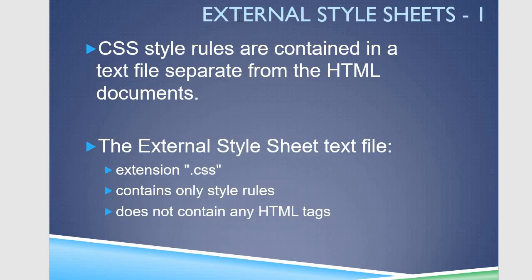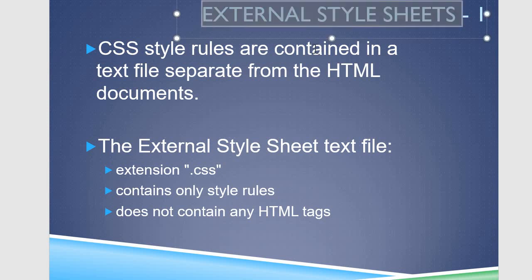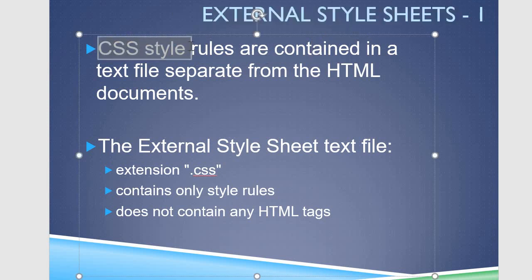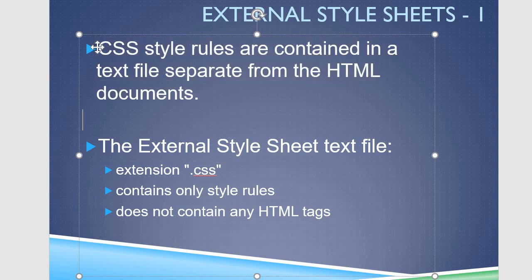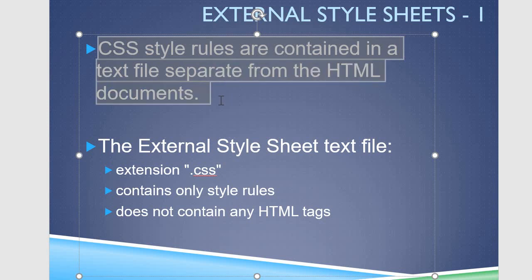So external style sheet, you can see CSS style rules are contained in a text file separate from the HTML document. CSS rule, you have to study this. CSS rules are contained in a text file separate from the HTML document.